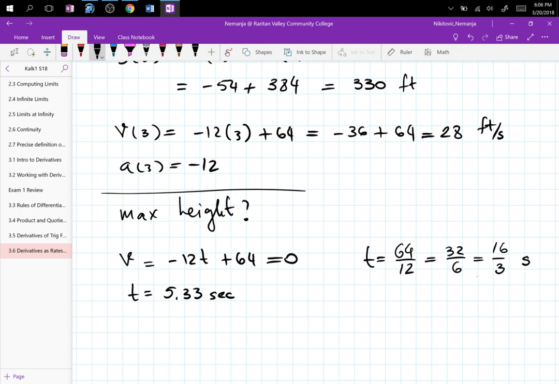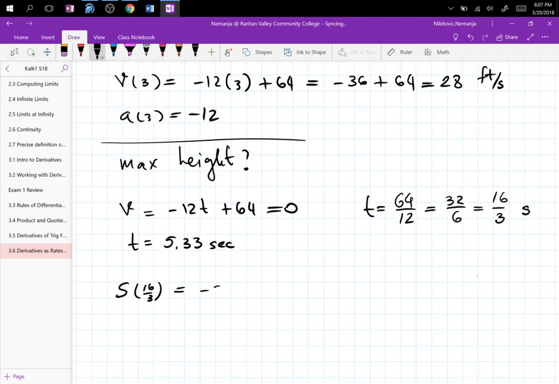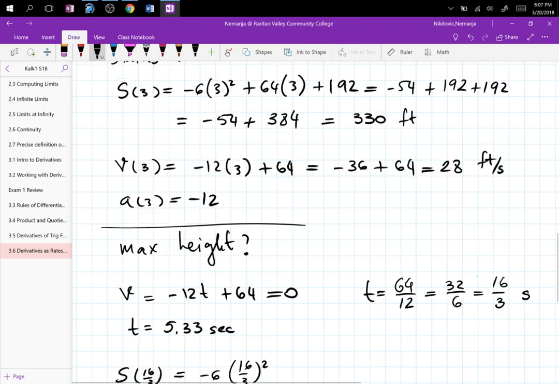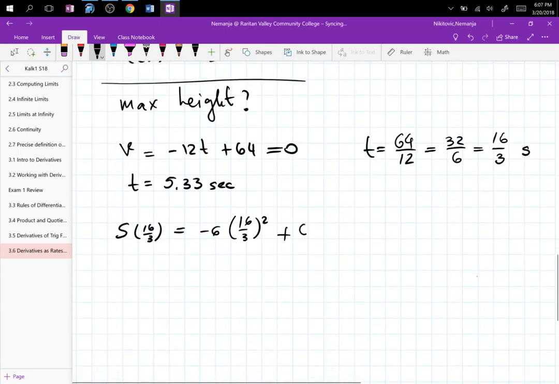Now I want to actually calculate the exact value, so 16 over 3 over here. And that's going to go into our negative 6t squared, so negative 6 times 16 over 3 squared, plus 64t, so that's 16 over 3, and then plus 192.